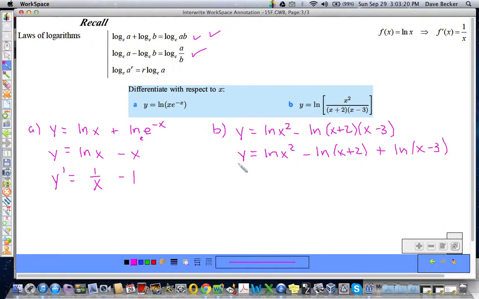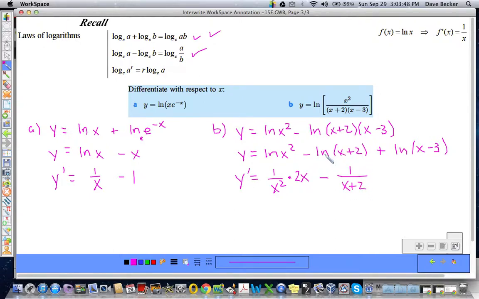We just have a couple of chain rule functions. We've got to use the chain rule 3 times. So y prime equals derivative of outside is going to be 1 over x squared times the derivative of the inside. The derivative of x squared is 2x, minus derivative of the outside is 1 over x plus 2.